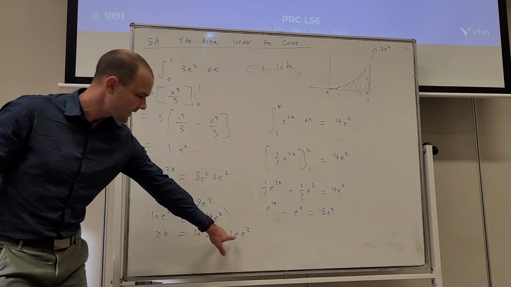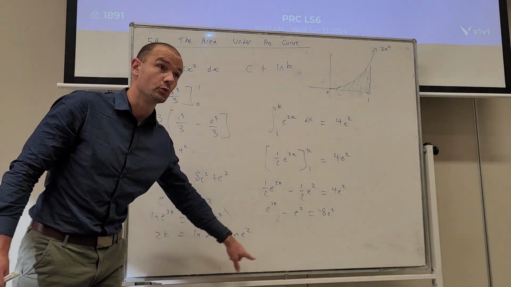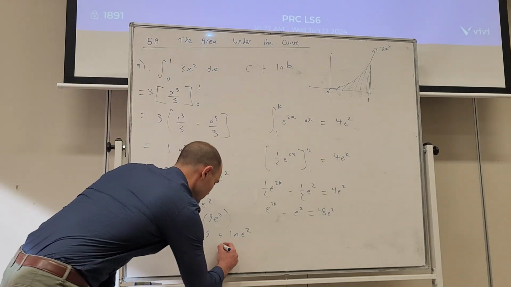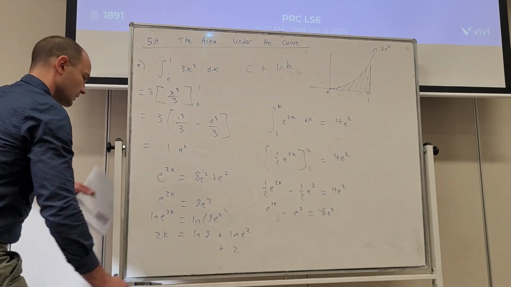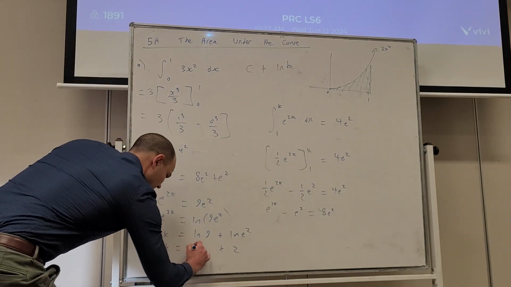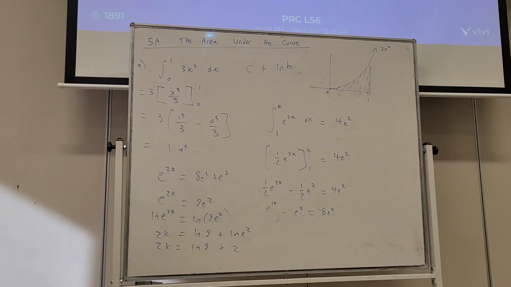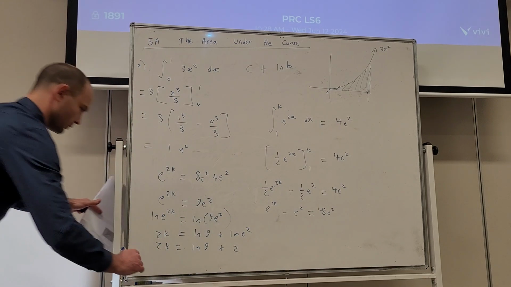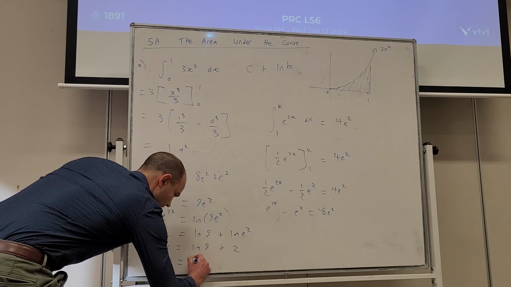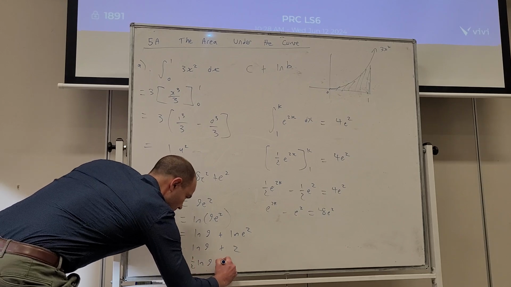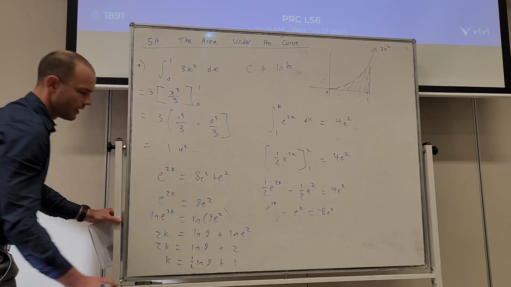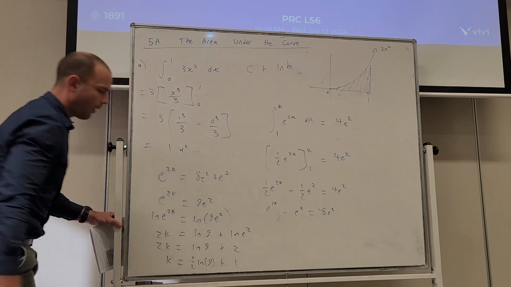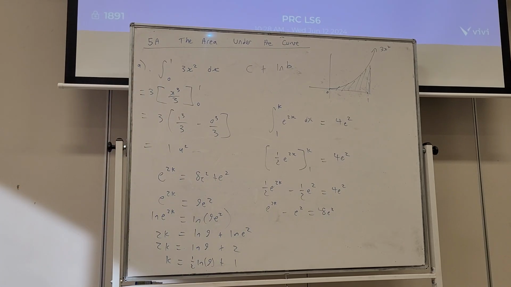And then ln of e squared, that part simplifies to 2. We have plus 2 there. So we've got 2k is ln 9 plus 2. And then we'll divide both sides by 2. And so we'll have k is half of ln 9 plus 1. And a good way to demonstrate that that 1 does not belong to the logarithm is to wrap brackets around the 9.